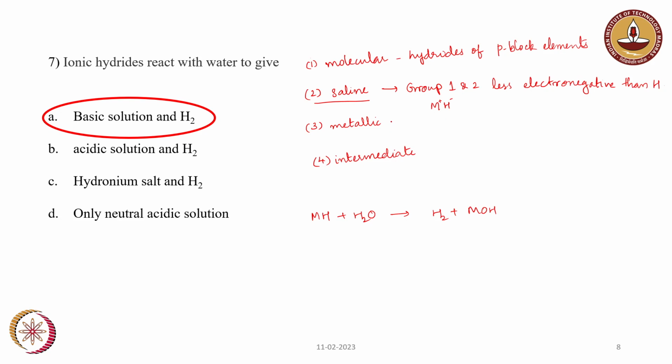And for metallic, they are hydrides of d block. And the fourth one is intermediate, and they are hydrides of beryllium, magnesium, aluminum, copper, and zinc.